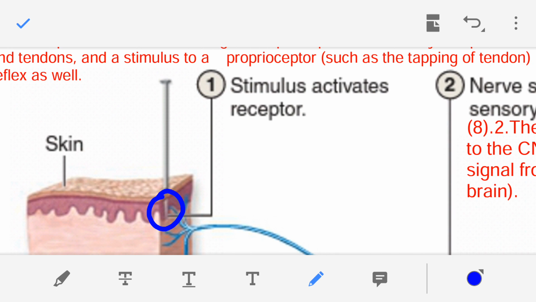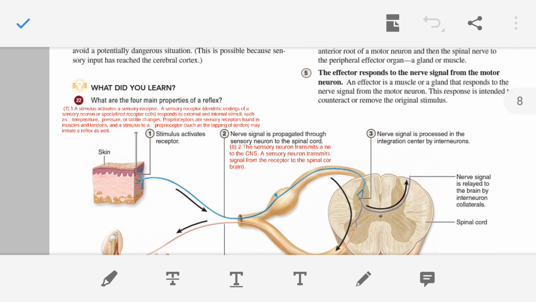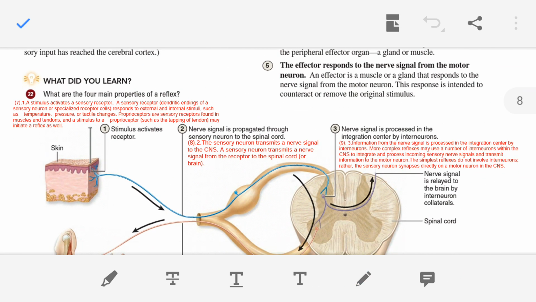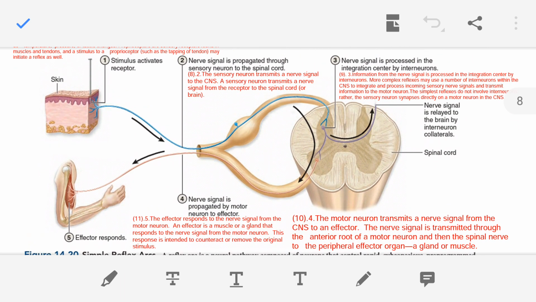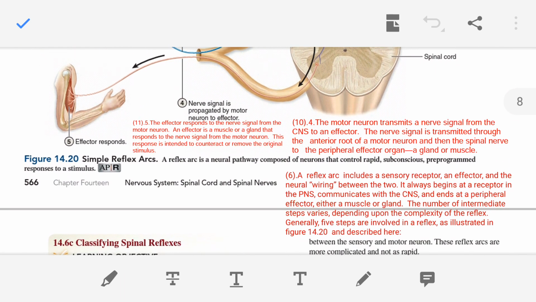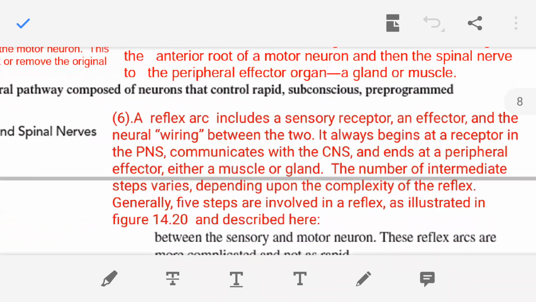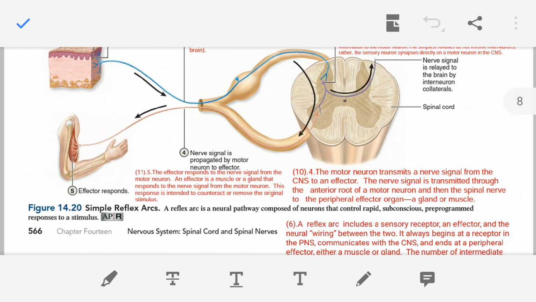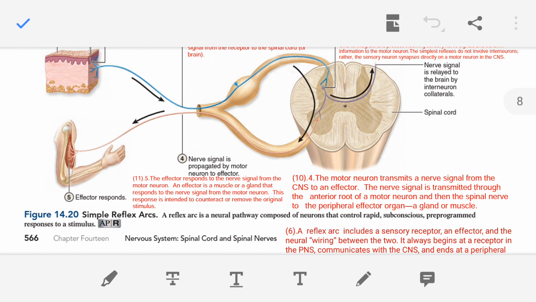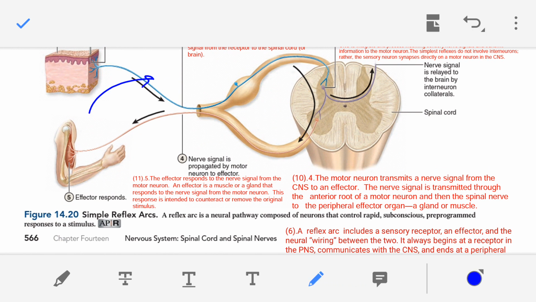So now you will experience a pain, but you will experience the pain afterward. Before that, the reflex action is completed. So the receptors in your skin are the sensory receptors. Then there are sensory and motor neurons, that is the neural wiring, and you are removing your hand from that iron nail.